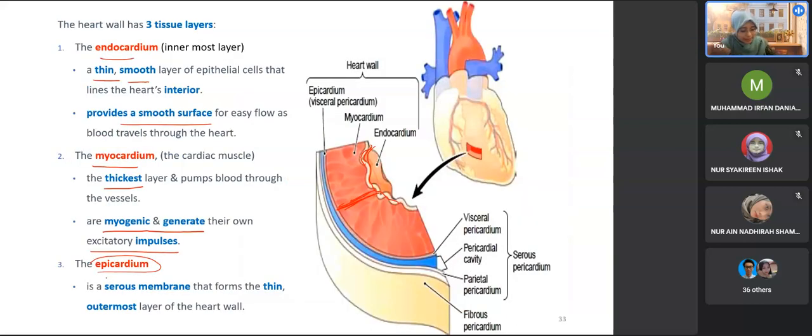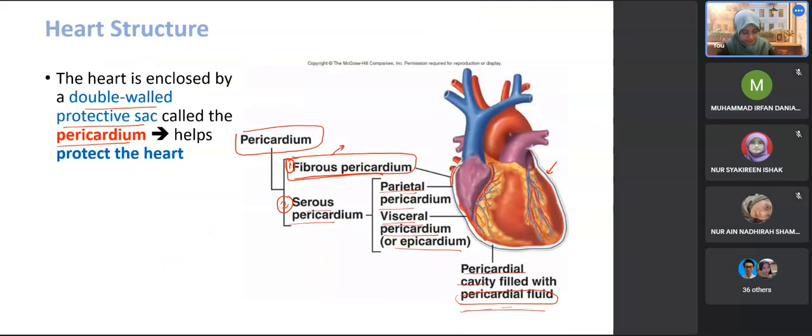The epicardium is a serous membrane that forms the thin, outermost layer of the heart wall. So this is the heart wall. On the outside, just wrapping the heart, you have the pericardium, which is a protective sac.